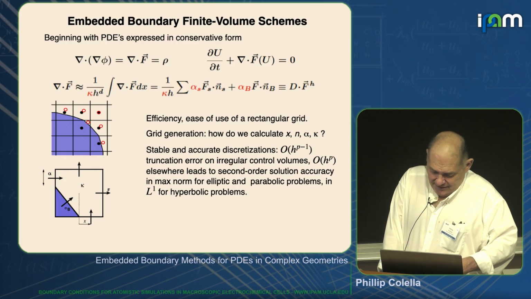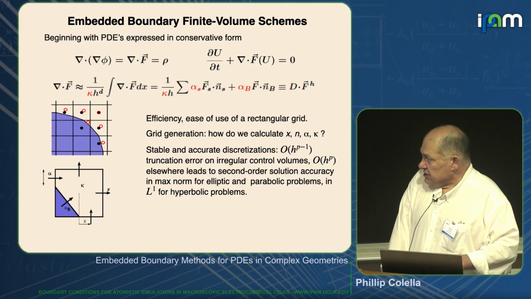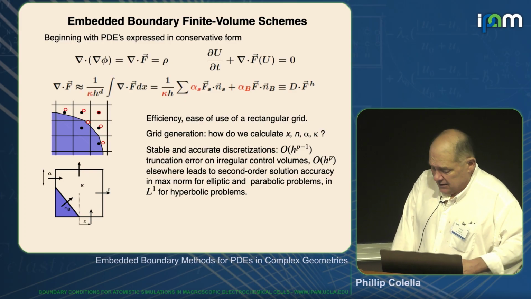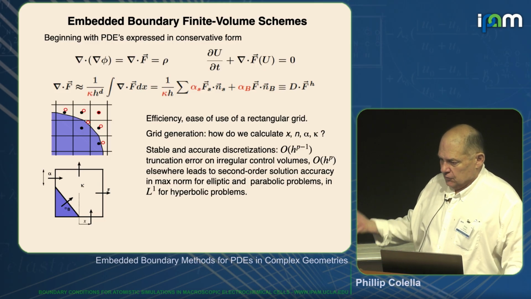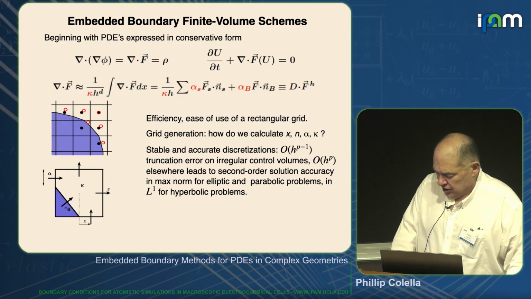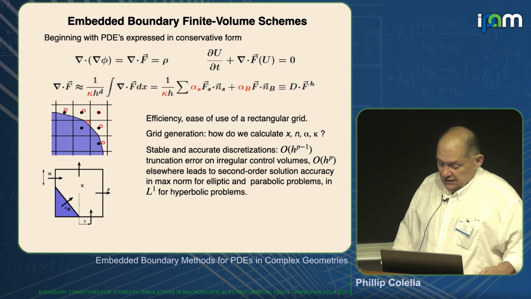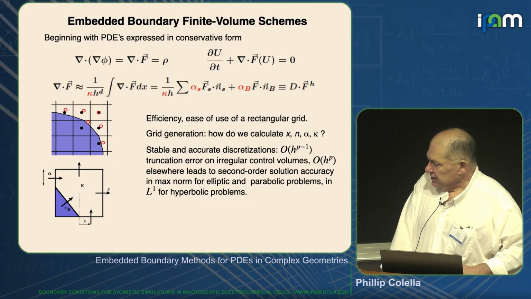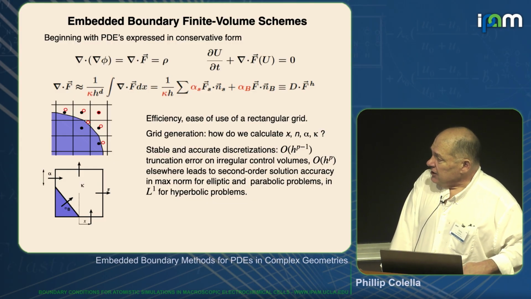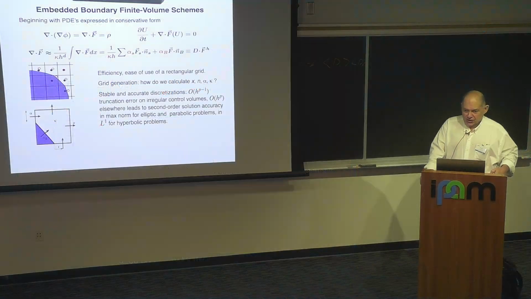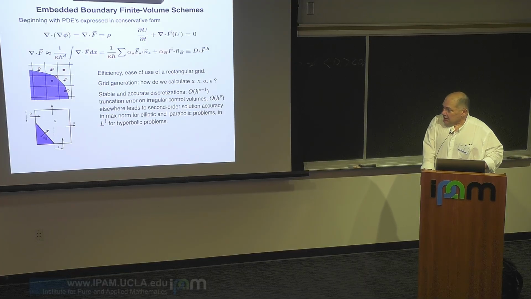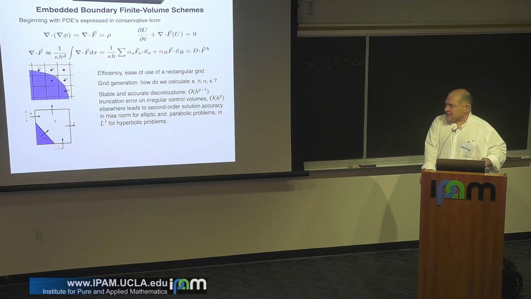So there's a possibility of substantial efficiencies and ease of use from a rectangular grid. Now, one thing that you will see in calculations involving irregular geometries, say unstructured grids, is a lot of work and thought being spent in grid generation. Leslie drew some very nice pictures of good grid generation and bad grid generation yesterday. Here, grid generation is a conceptually simple construction.